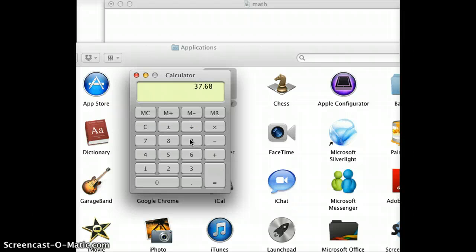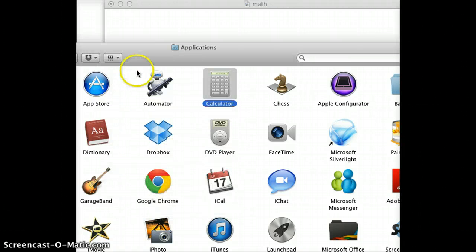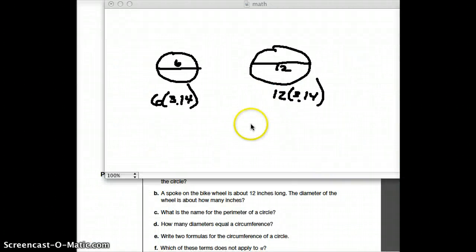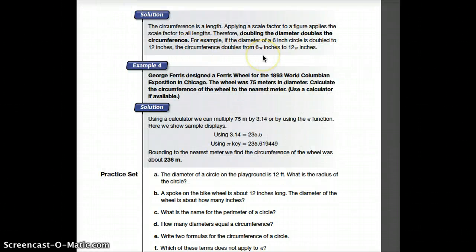Remember what the first one was: 6 times 3.14 is equal to that. Go ahead and add that to itself, and you should get the same answer. So what happened was you doubled the diameter, and the circumference also was doubled. So there it is. If you double the diameter, the circumference also just gets doubled.